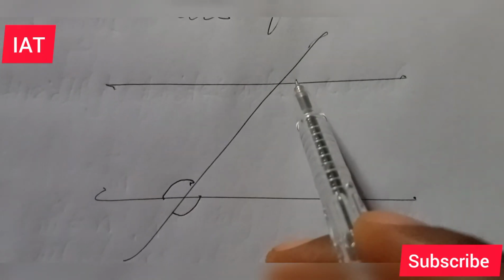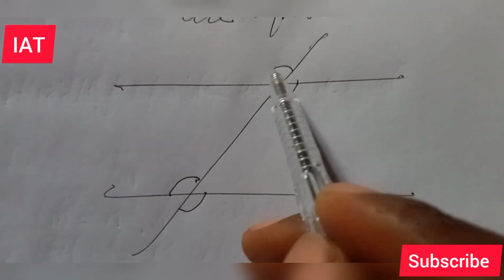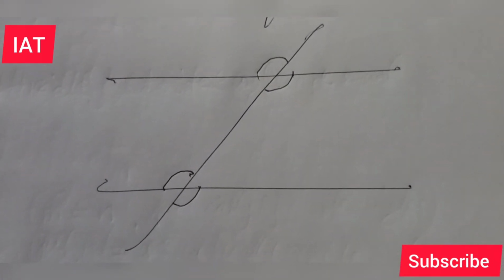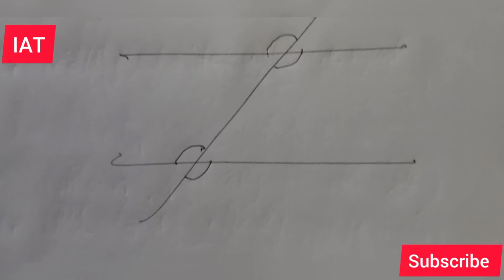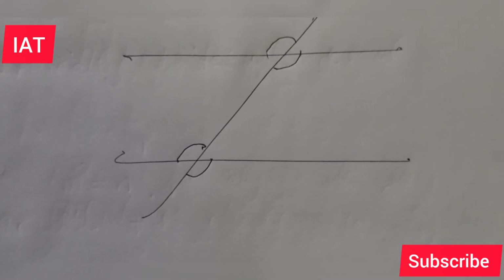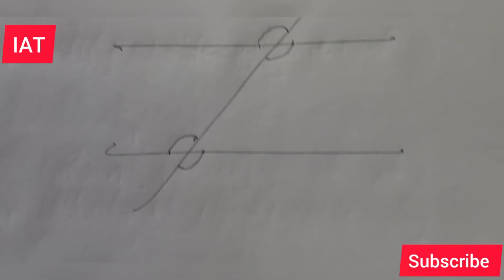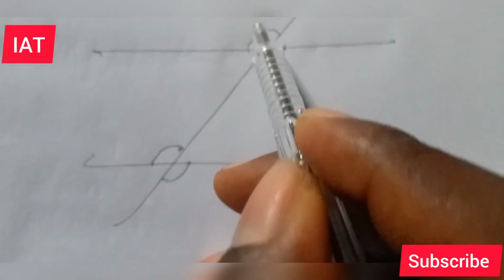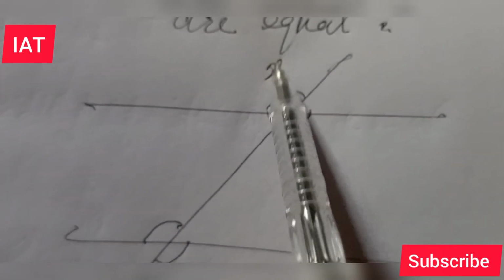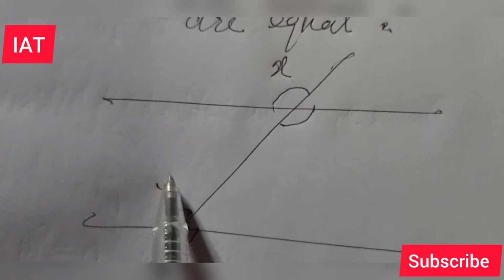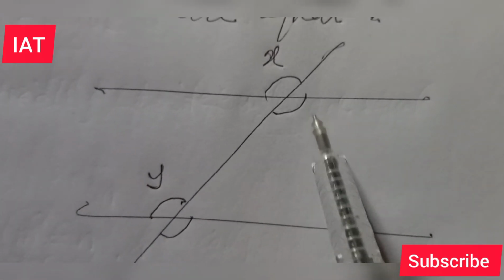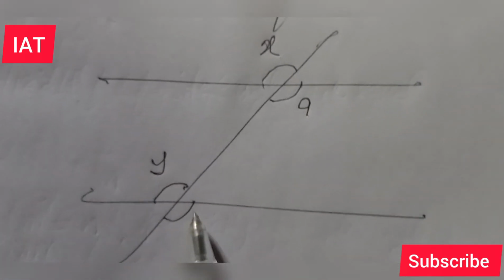It has another angle here. I think this will be okay for us to discuss these properties. Okay, but then I will assign this point to be point X, and here to be point Y, and here will be point A, and here to be point B.